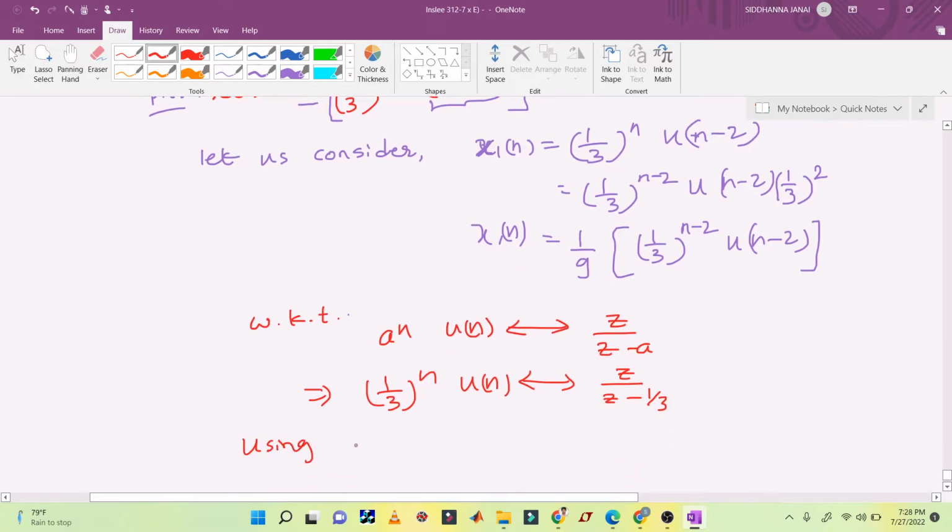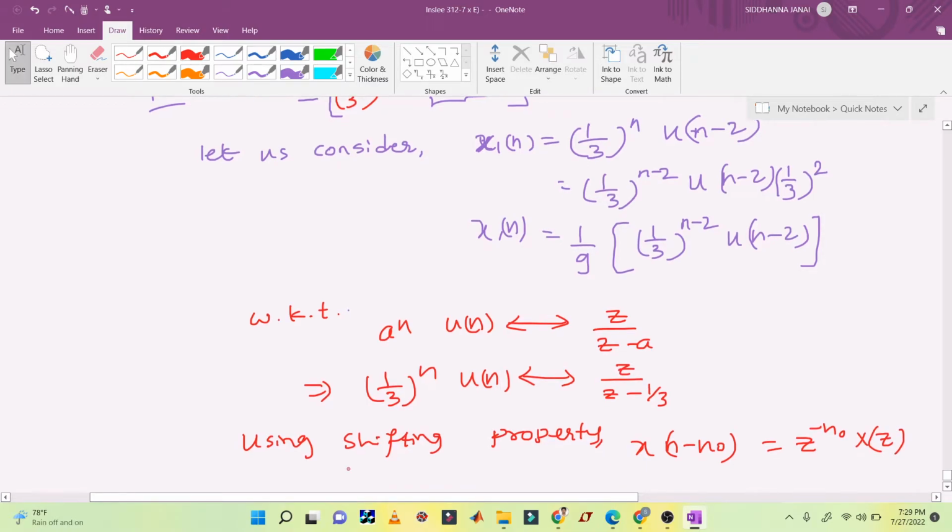Now using the shifting property, what it says, shifting property states that if you have x of n minus n naught, then your z transform will be multiplied by z to the power minus n naught x of z.